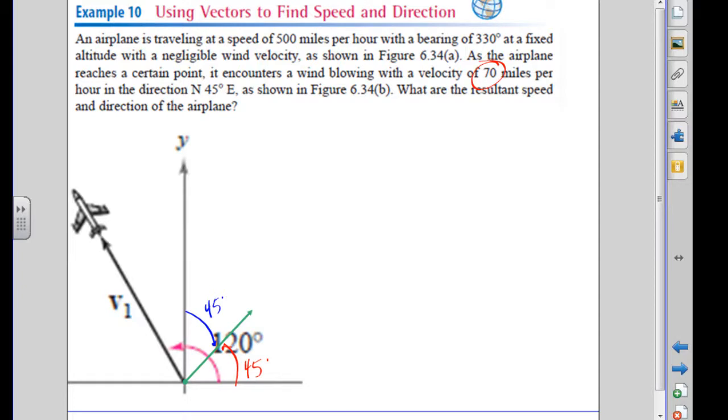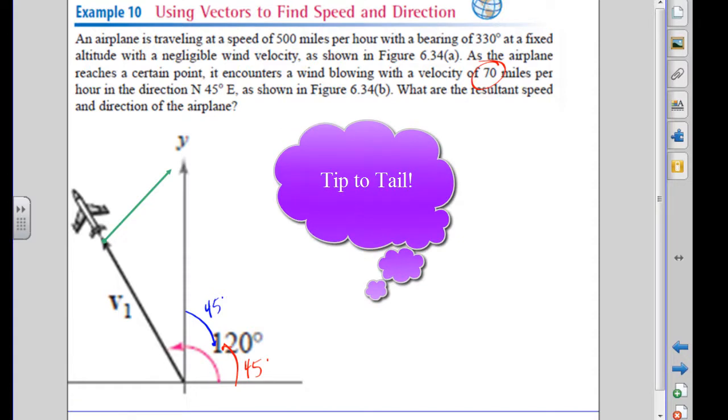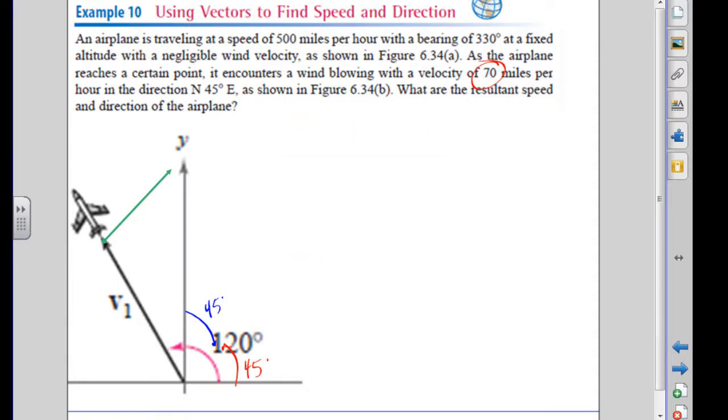So the question is, what's the resultant speed and what's the direction of the airplane? So we can actually use vector addition to answer this question. So if we take this green vector representing the wind and simply move it to the plane's position and connect where we start to where we finish, this red vector is the resulting speed and direction of the airplane. So this is v1 plus v2.